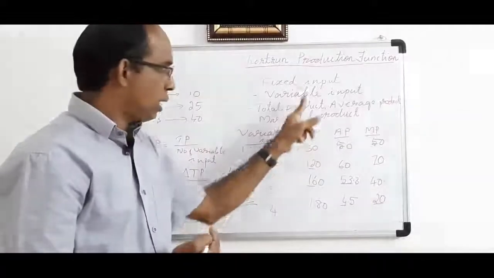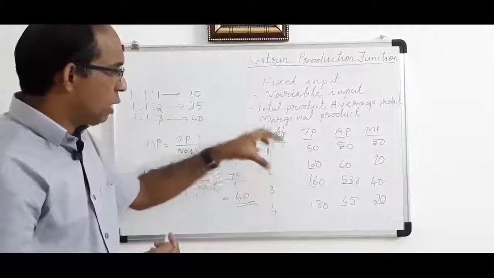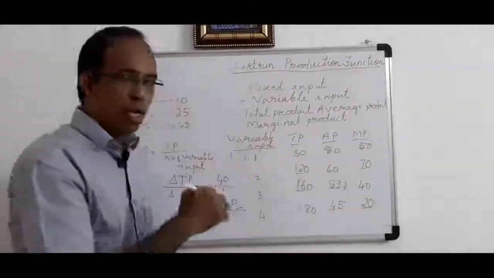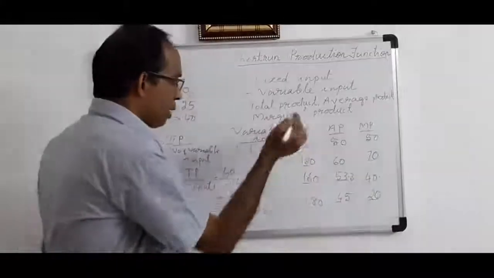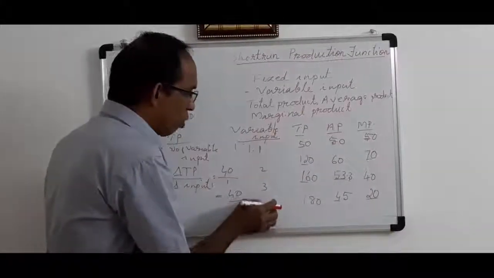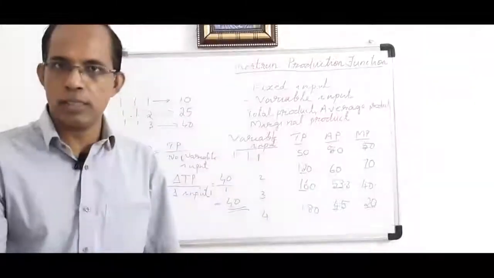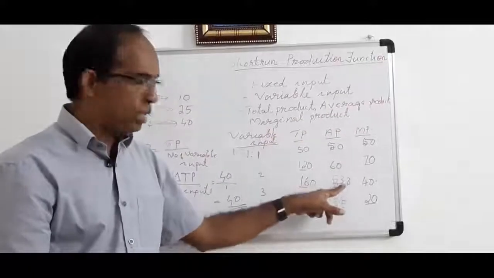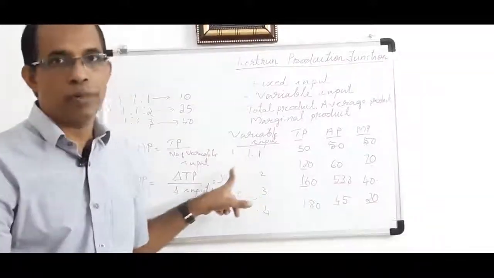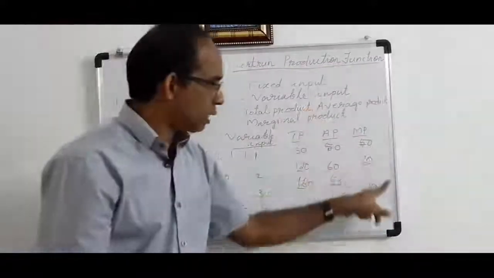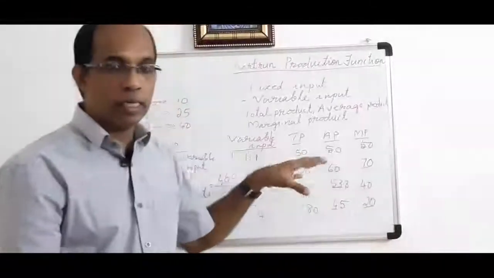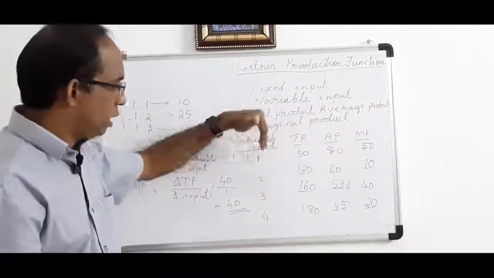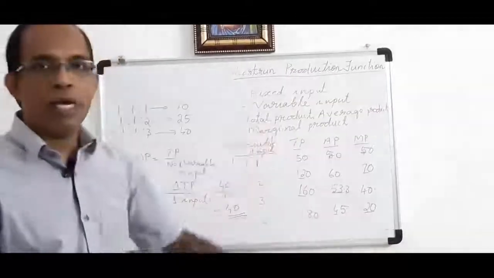Total product is the output at a particular level of variable input. Suppose you are asked to calculate total product when the firm uses 4 variable inputs. What is the total product? That is 180. Then average product is the product per unit of variable input. And marginal product is the addition or increase in total product by using one more unit of variable input.